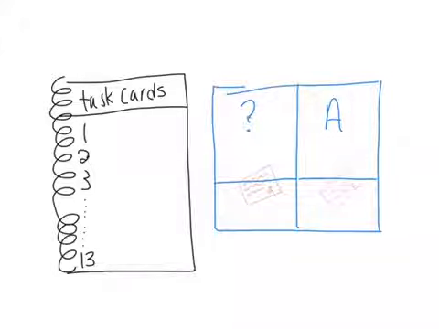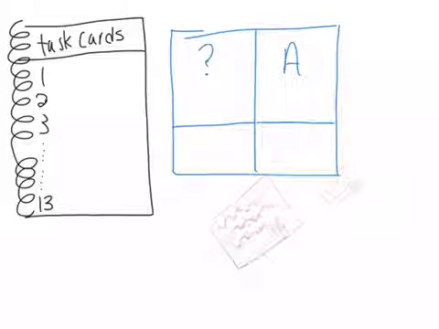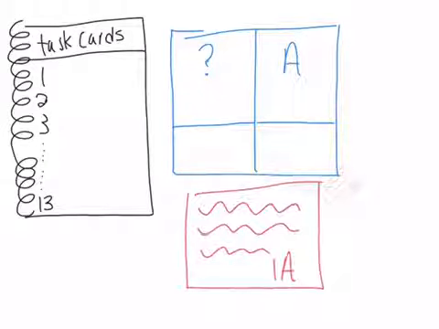Inside the folders, there's 13 questions and 13 answers. On the left side of the folder, the note cards in there are going to be the question cards. So you'll pull out the note card, read the question on it, and write your answer in your notebook.